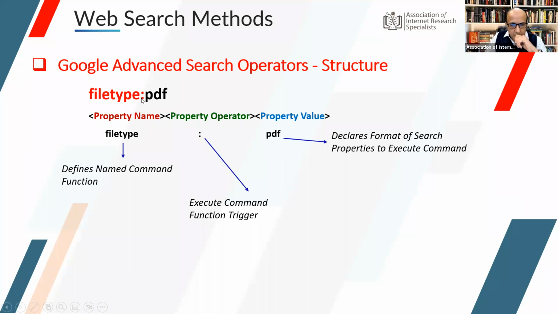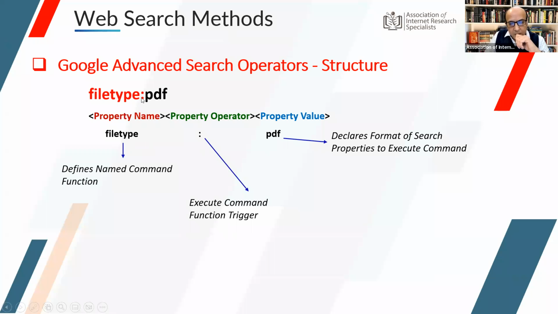So the colon sign is what makes it an operator, and it has a very vital function in recognizing whether this query needs to be executed. It is basically a trigger for the word filetype to allow the search to act in a certain way. If you separate the colon sign from the word filetype, it has no meaning.